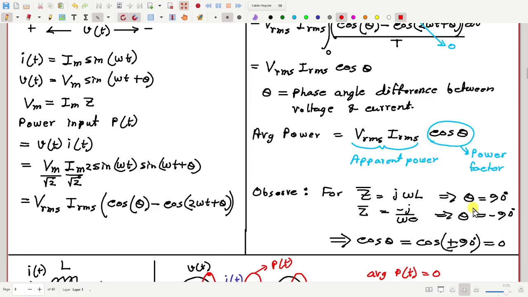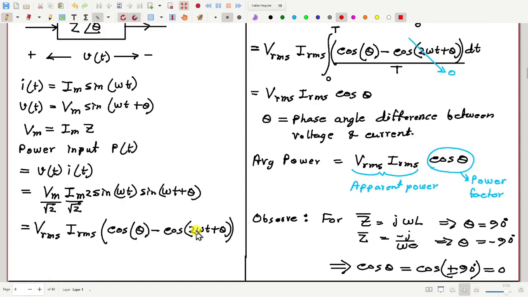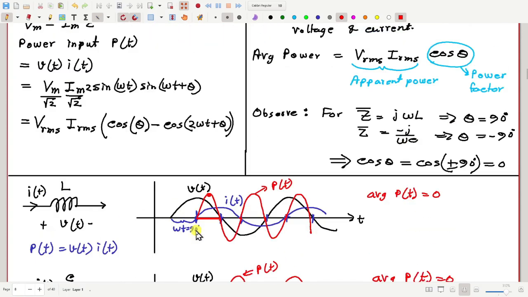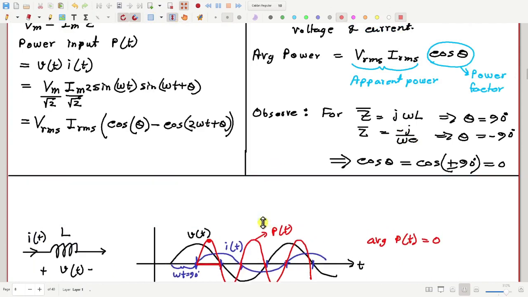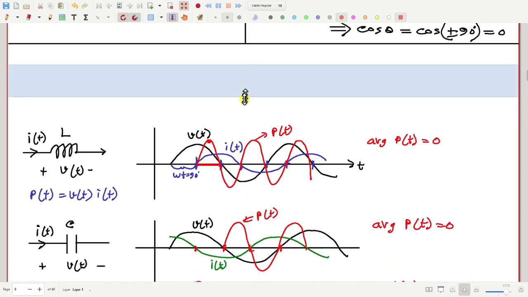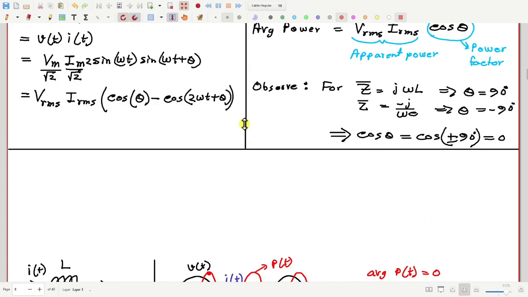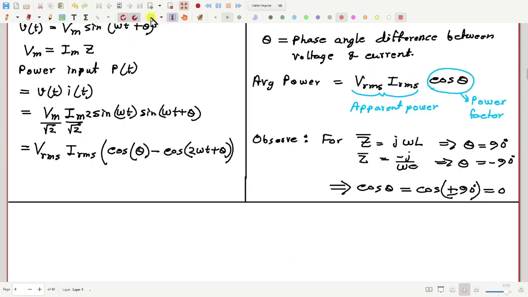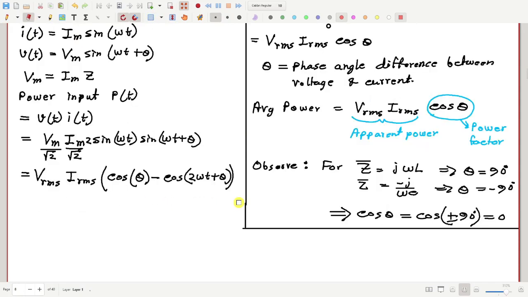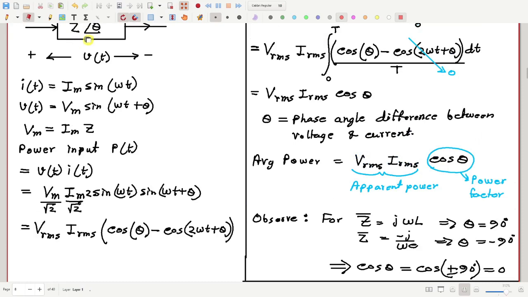So now let me come to this equation of power once again. For our general impedance, this was the expression of instantaneous power at any time.